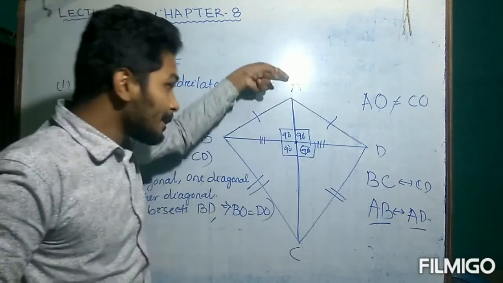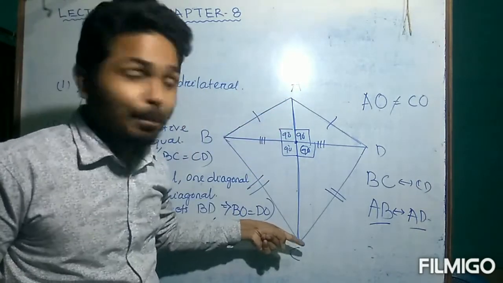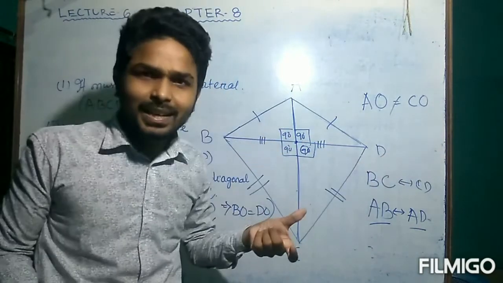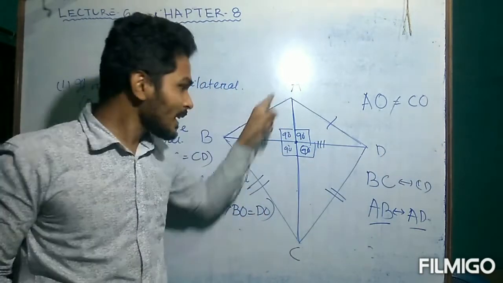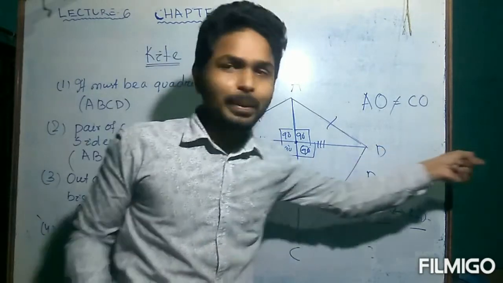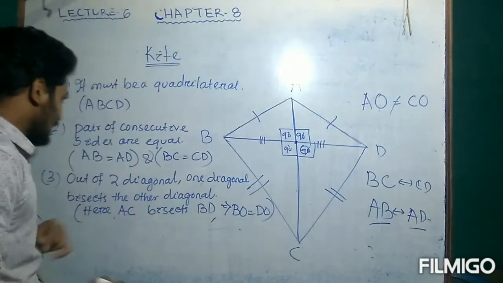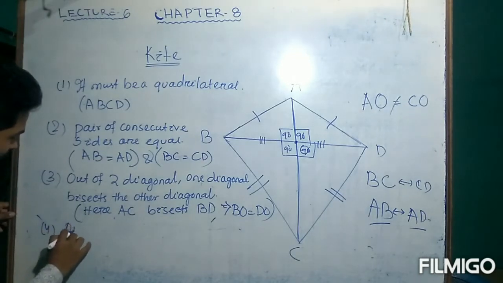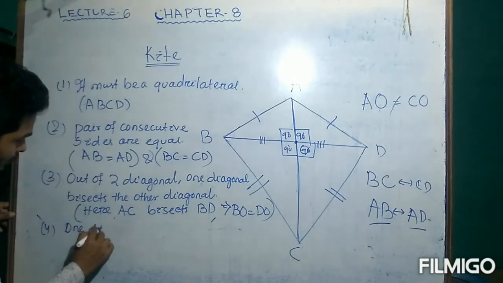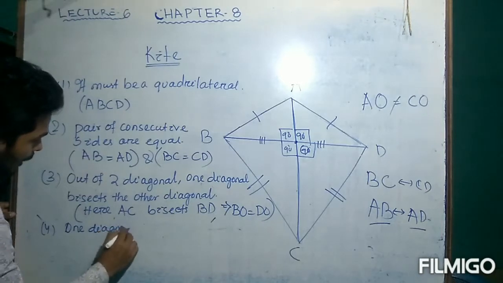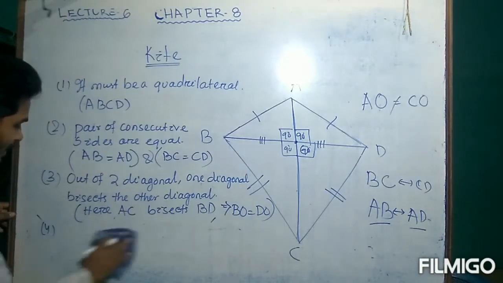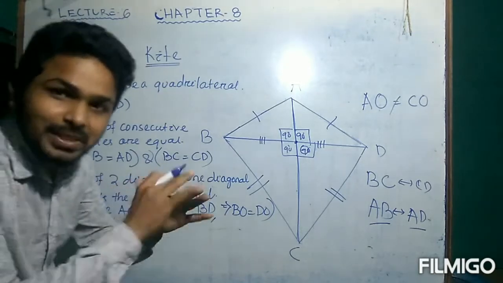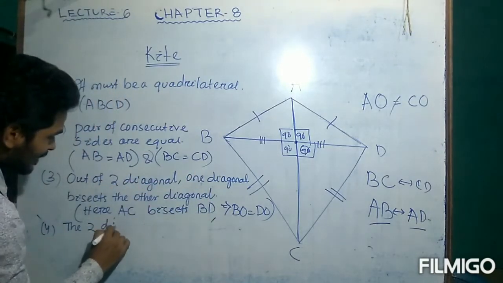So what can we write? We can write that AC is perpendicular to BD, because the angle between them is 90 degrees. Understood? Clear? So the fourth property is, or simply you can write, the two diagonals are perpendicular to each other.